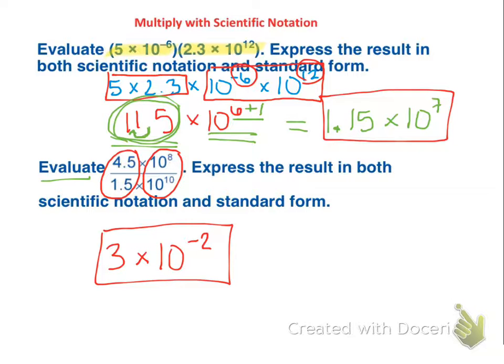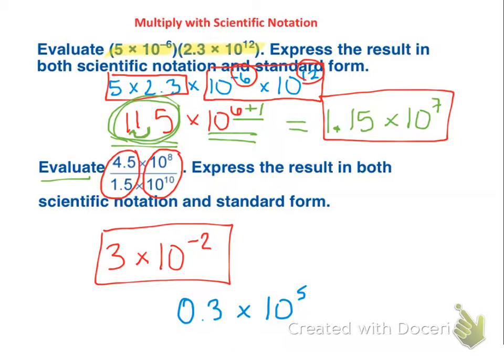Let me show you an example if I were to have a number for A that was too small and I had to make it bigger. So for example, let's say I've got 0.3 times 10 to the 5th. How would I make that scientific notation? Because this is not truly scientific notation because it's not between 1 and 10.